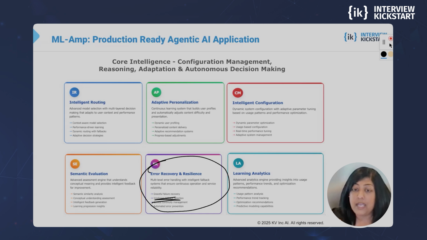So for example, if the user is asking for their answer to be evaluated, and for whatever reason my BERT score model is not running within the BERT score evaluation agent, the answer evaluation agent, then I have implemented graceful failure recovery, right? The system doesn't hang.